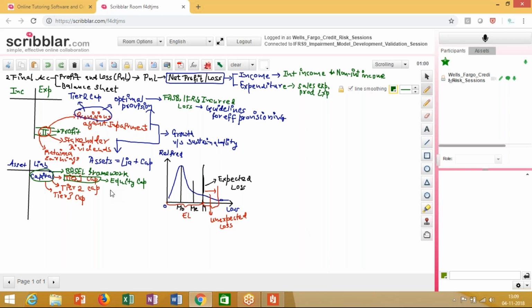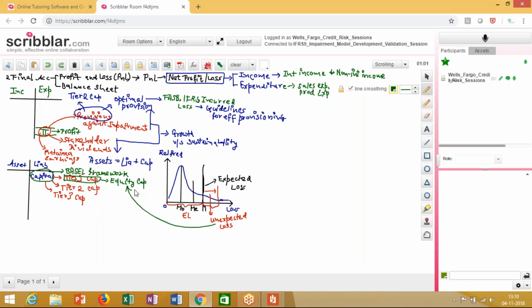So all your unexpected losses are to be absorbed by this tier 1 capital. Your tier 1 capital must be sufficiently large so that your estimated unexpected losses can be absorbed.